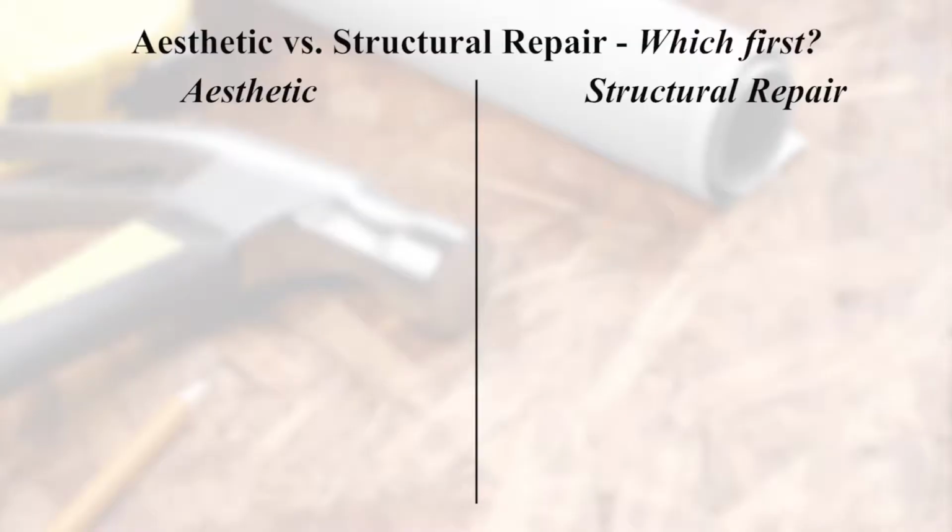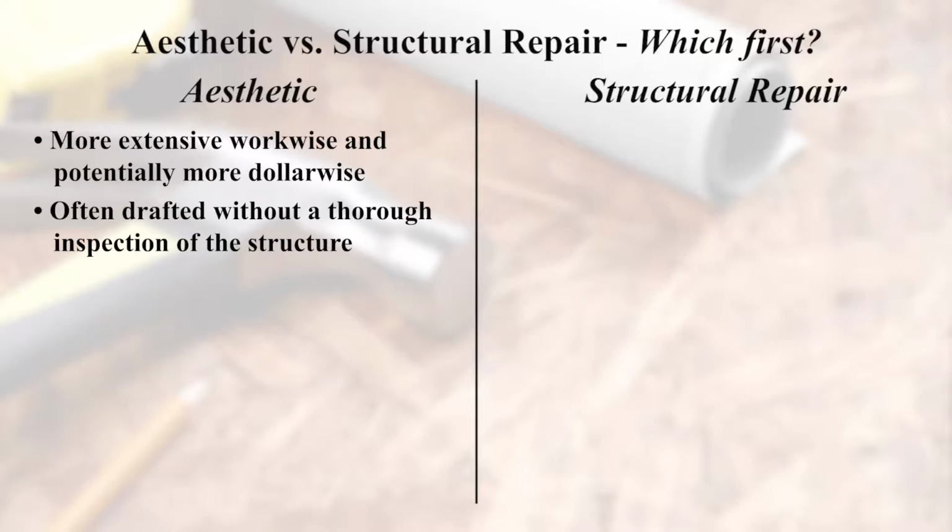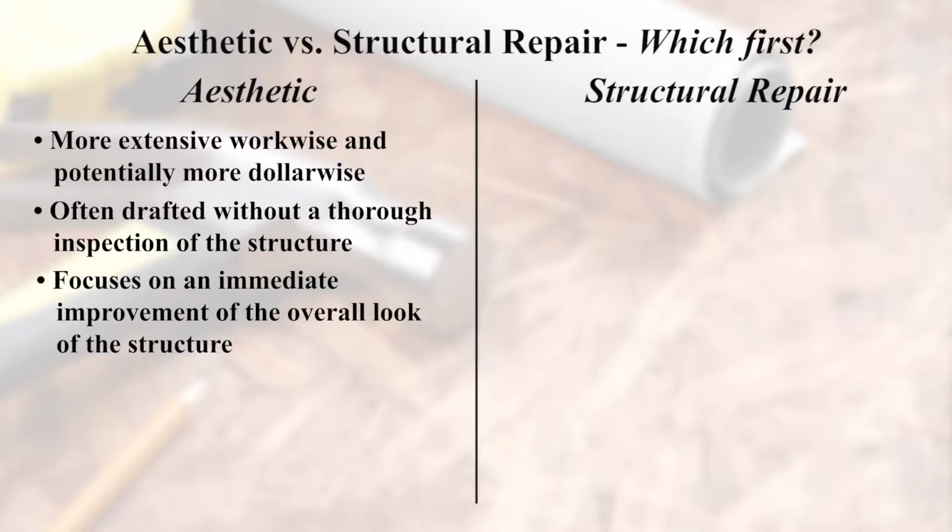An aesthetic repair scope like the one you would typically get from a general contractor or a painter will be more extensive work-wise and potentially more dollar-wise than a scope focused on structural repairs only, like one you would receive from a termite inspection. A scope for aesthetic rehab is often drafted without a thorough inspection of structural integrity and focuses on immediate improvement of the overall look of the structure.